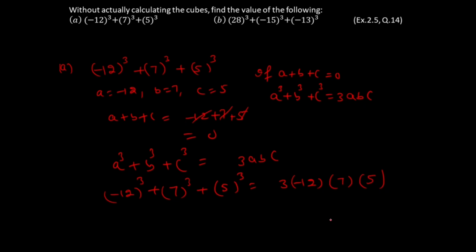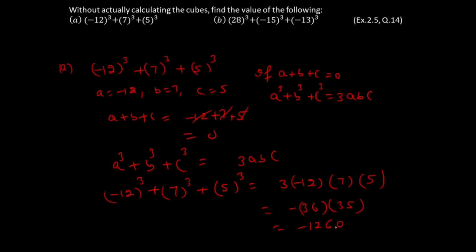Now just calculate the whole thing. This is negative 36 times 35. This value will come negative 1260.